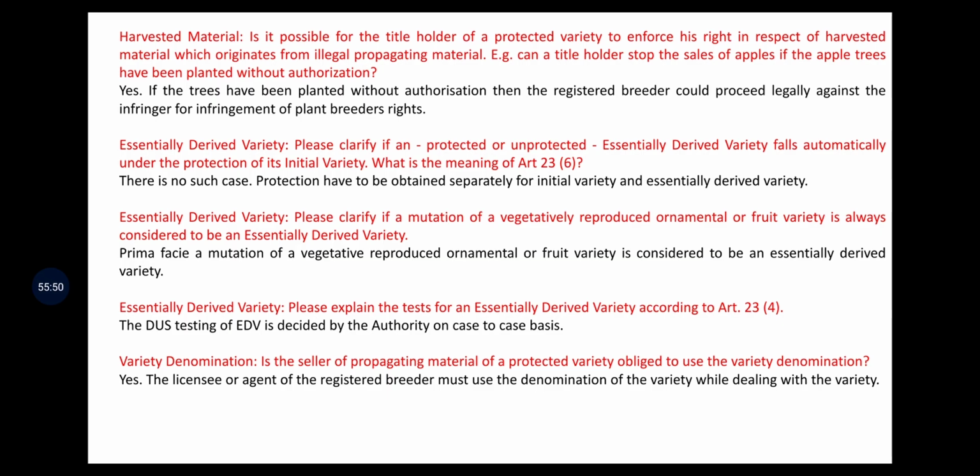Remember that is under Article 23(6). The mutation of a vegetatively propagated ornamental or fruit variety is always considered to be an essentially derived variety. Prima facie, a mutation of a vegetatively propagated ornamental or fruit variety is considered as an essentially derived variety.